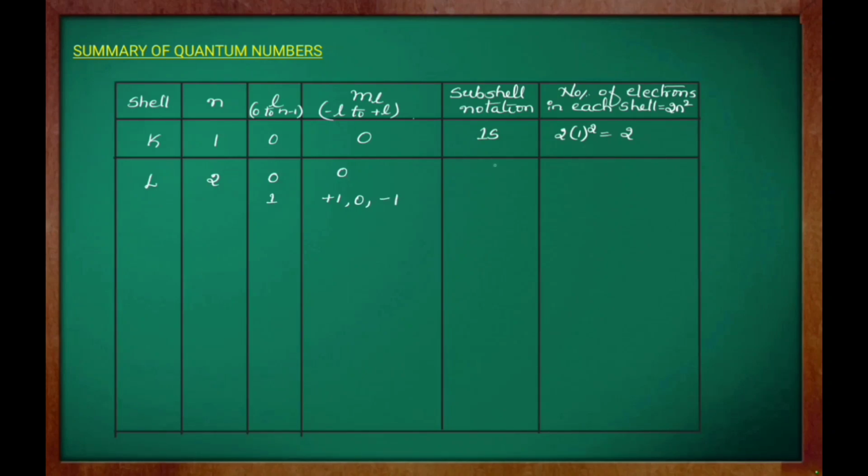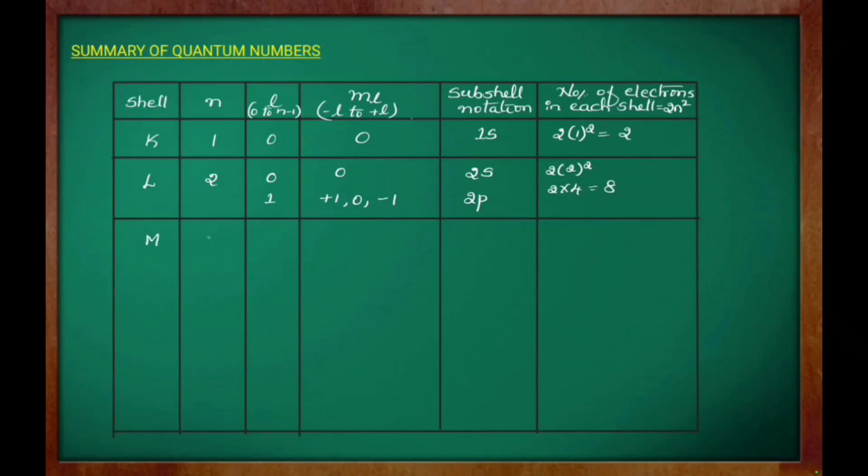So corresponding to the ML value 0, the notation is s and it is corresponding to the shell 2, L shell, so it is 2s. And the ML values corresponding to plus 1, 0, minus 1 is represented as 2p. The total number of electrons can be calculated as 2 into 2 square, which is 2 into 4, it is equal to 8 electrons.